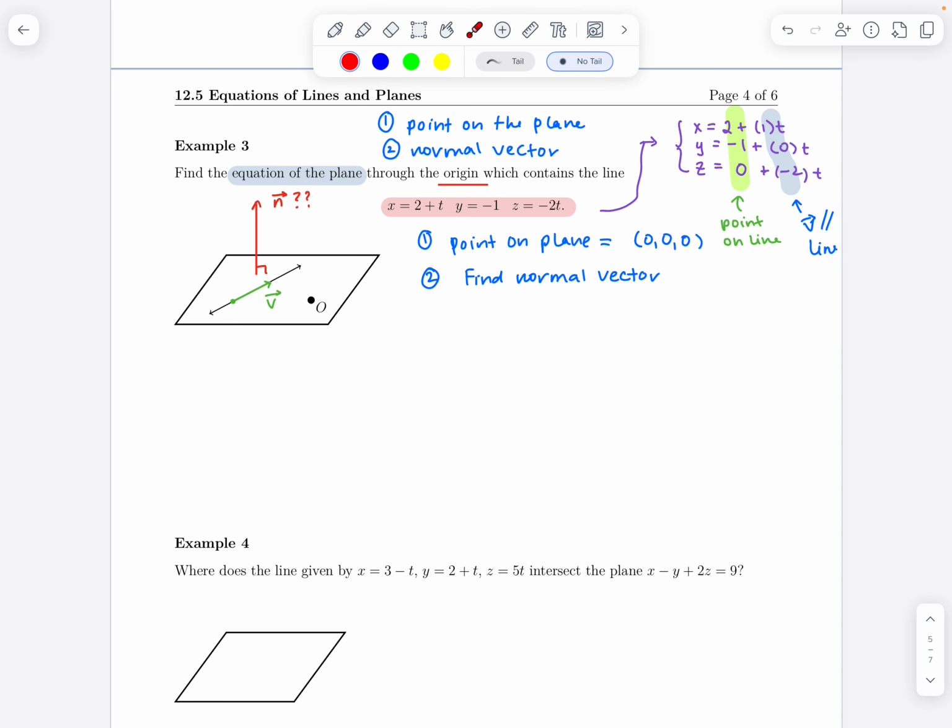So starting out, right now I have a vector v, and I'm going to go ahead and write it out. That is 1, 0, -2, so I'm just using the coefficients of the t's. And right now that is parallel to the plane because it's parallel to the line, and the line lives in the plane.